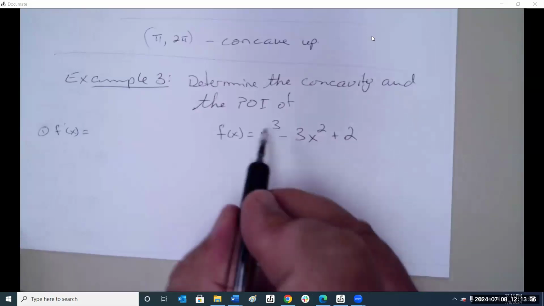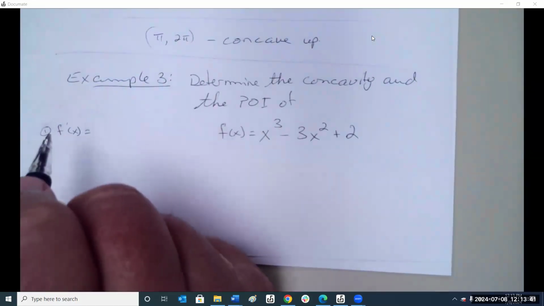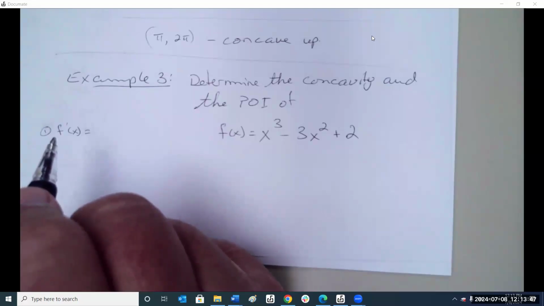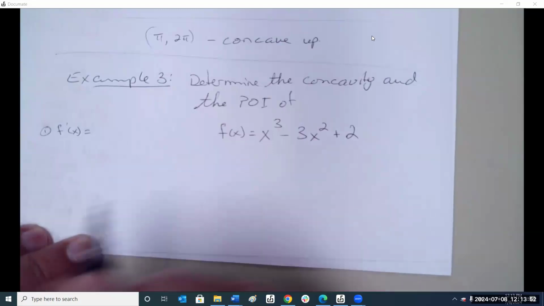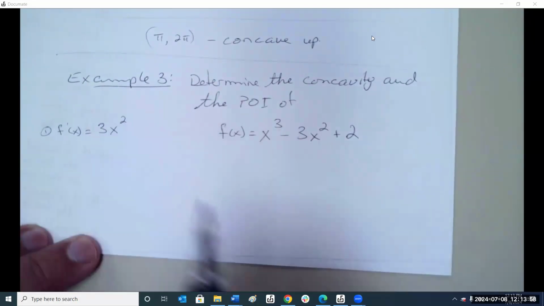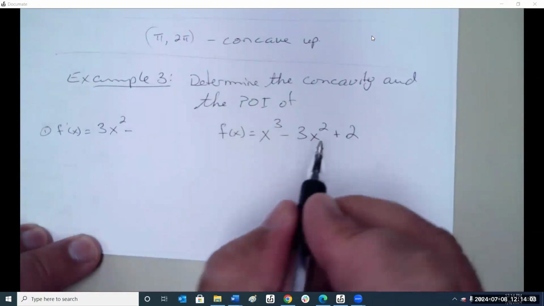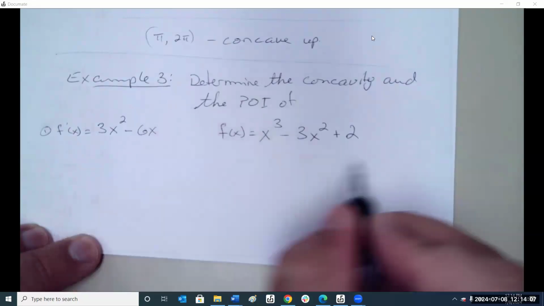The first derivative is what? The derivative of x cubed is 3x squared, minus 6x. 2 disappears.